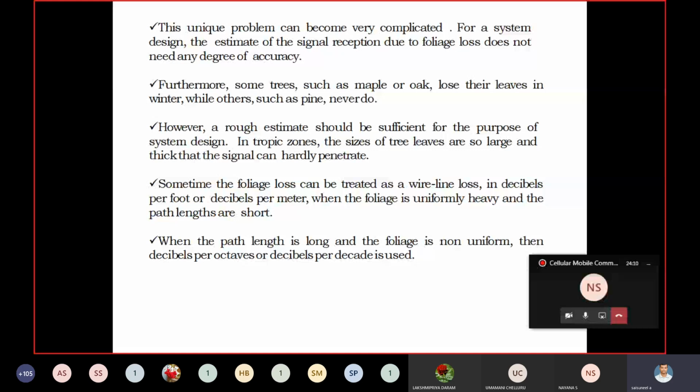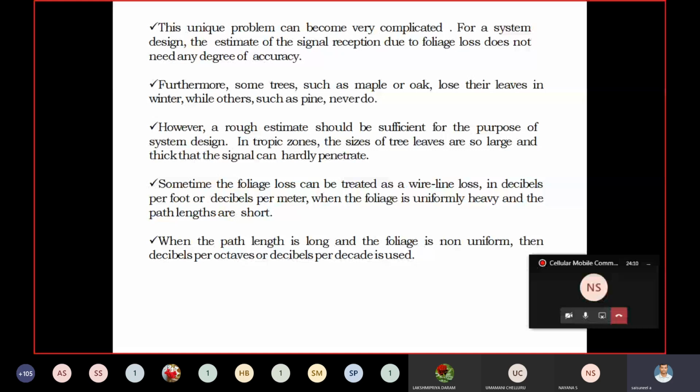We can consider the foliage loss as similar to wireline loss. What is wireline loss? Suppose we take one copper wire which has insulation. We give some input signal to it, the signal moves some distance, and after that distance we collect the signal.